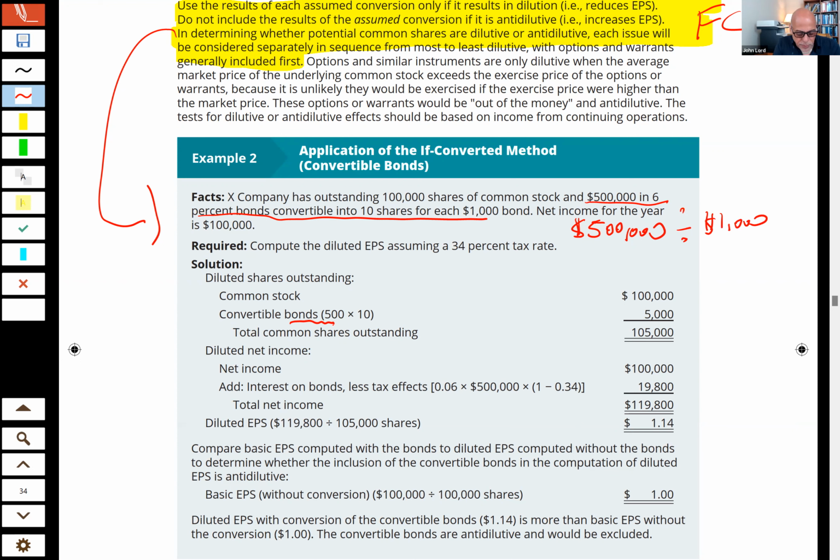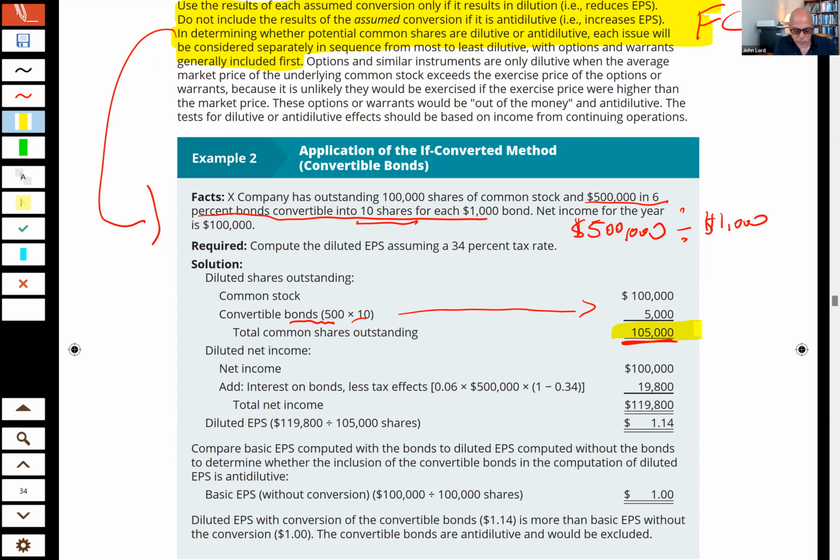Okay, so then we have 500 bonds, and then we multiply that. They say each could be converted into 10 shares. So 500 bonds times 10 shares means that the total common shares outstanding were 105,000, and these bonds were outstanding at the beginning of the year. So we don't have to do any conversion there, okay, any weighting there.